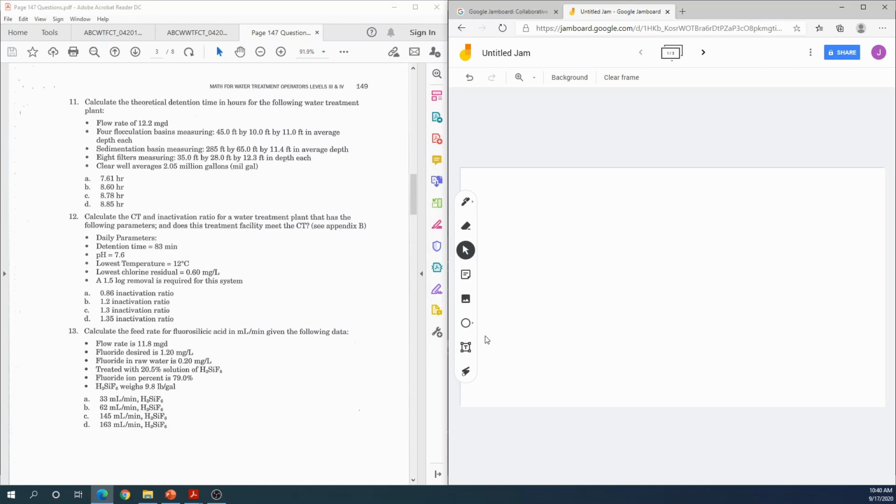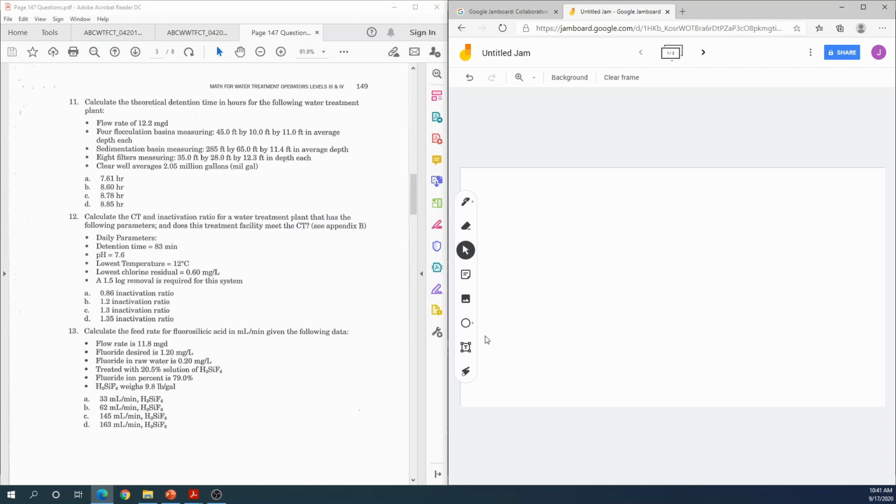We've got a sedimentation basin measuring 285 feet by 65 feet by 11.4 feet in average depth. 8 filters measuring 35 feet by 28 feet by 12.3 feet in depth. And a clear well averages 2.05 million gallons.